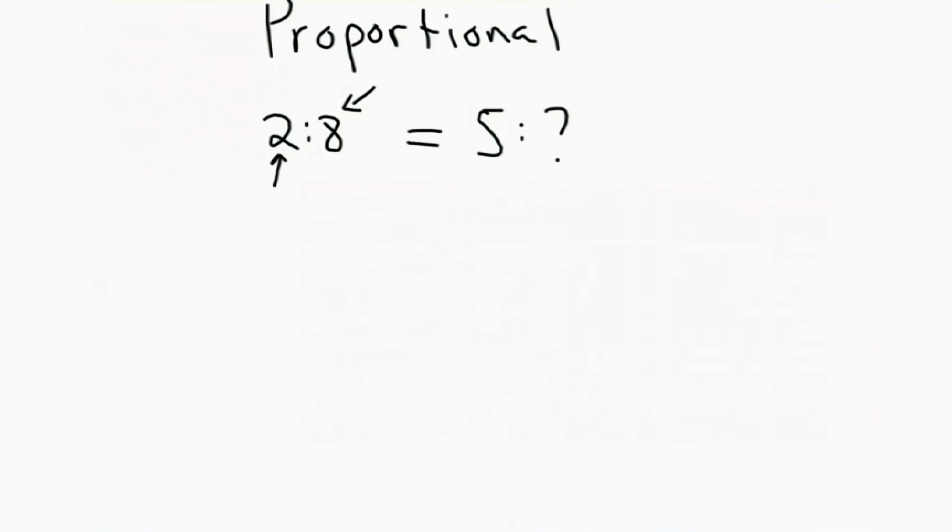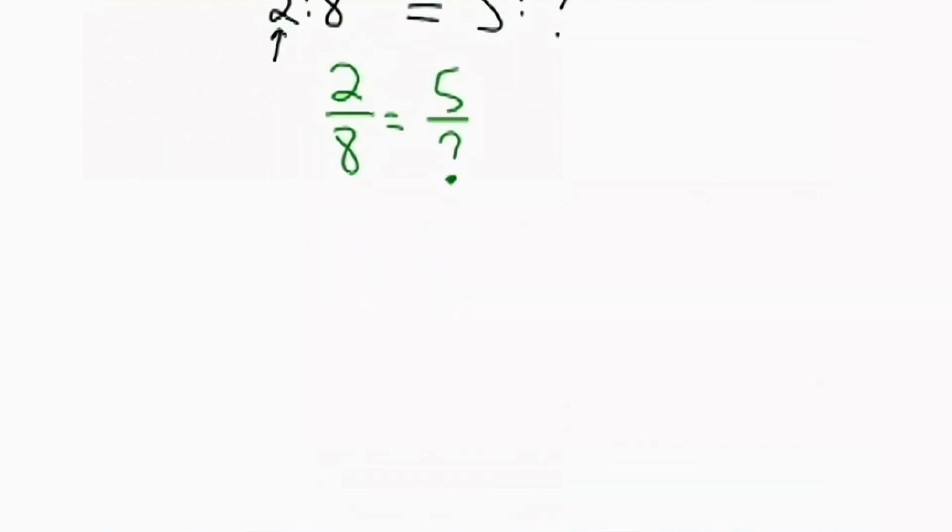So 2 divided by 8 is equal to 5 divided by some unknown. If you viewed the videos solving equations 1 and solving equations 2, you can see that we solve these in solving equations 2. We just used the variable x.